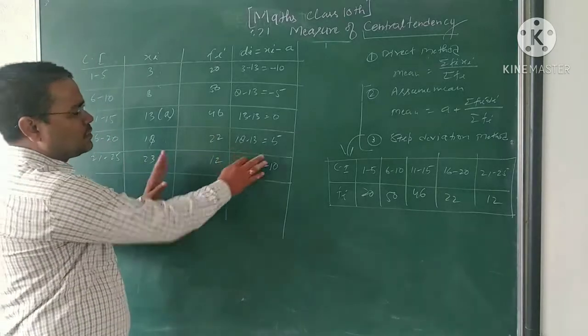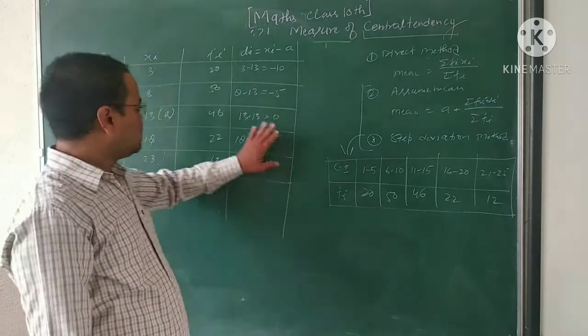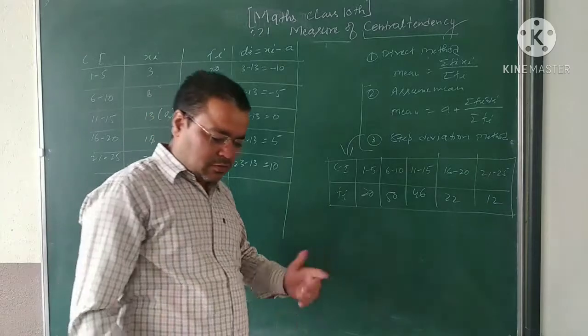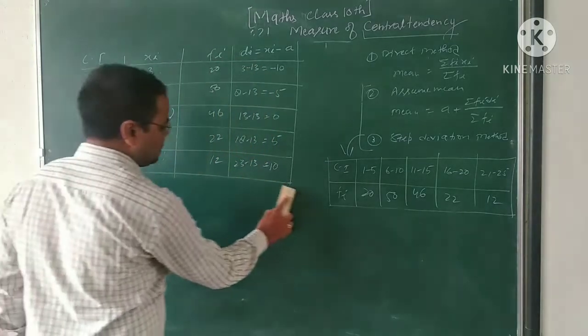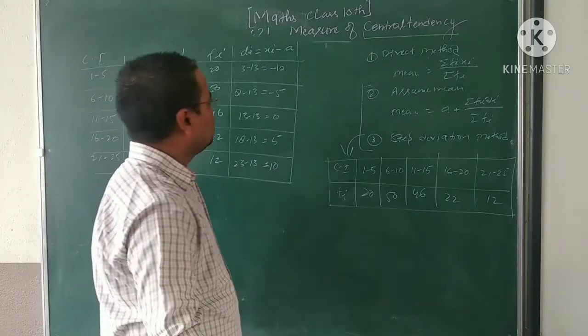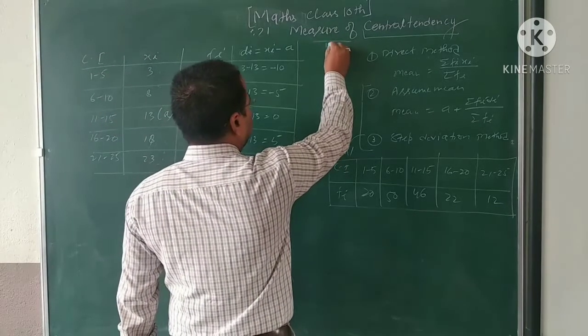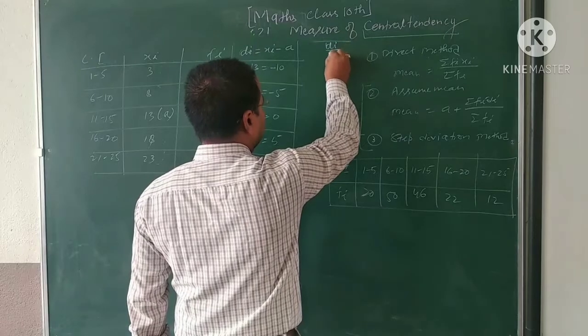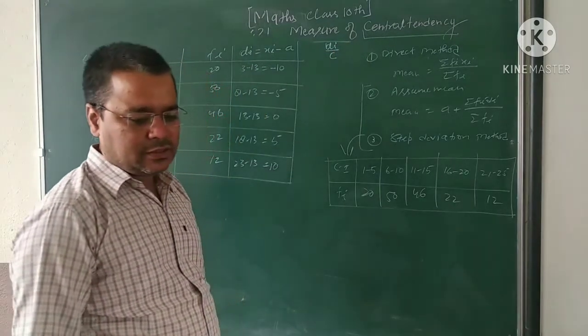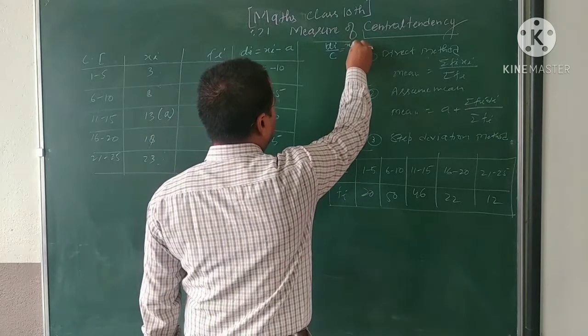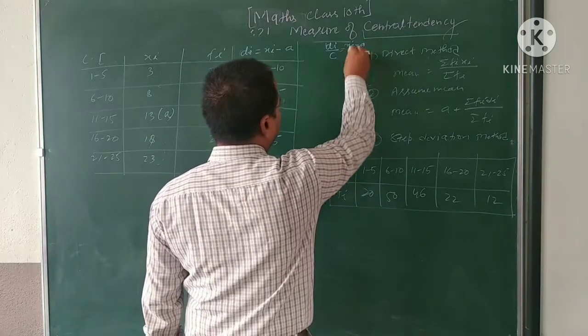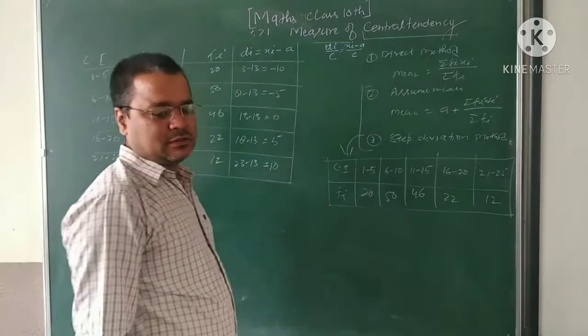Okay, this is the same as the deviation method also. This much is the same as the deviation method. What is the difference in the step deviation? In the step deviation, we use this value di by c. Di is what? Xi minus a, divided by c, we can also write.